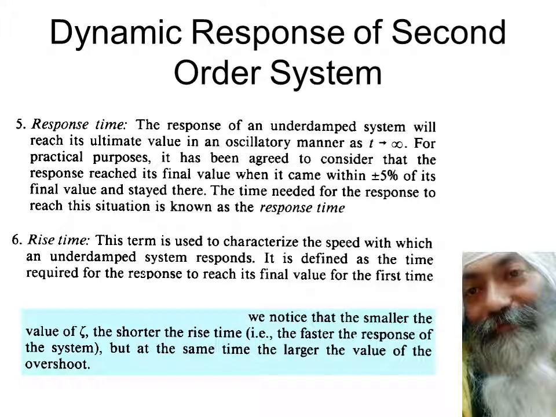And the overshoot is related to the decay ratio. Decay ratio is equal to overshoot whole square. This is what you have seen in the previous slides. That is how we make a compromise while designing the control system or the response of a second order system as such. So friends, this was about the dynamic response of a second order system.